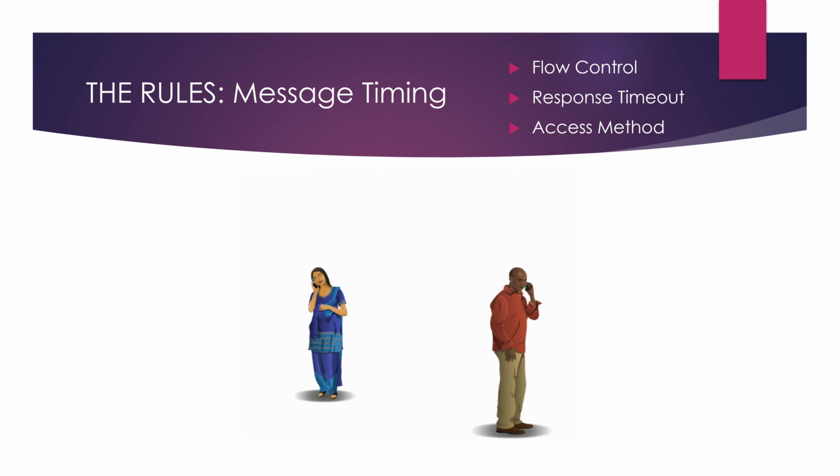For example, if one person speaks too quickly, it may be difficult for the receiver to hear and understand the message. In network communication, there are network protocols used by the source and destination devices to negotiate and manage the flow of information. We have even a response time.